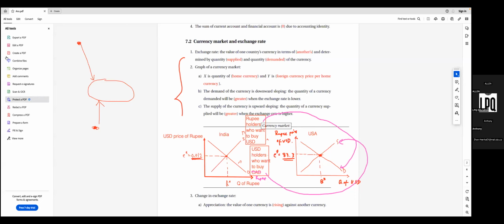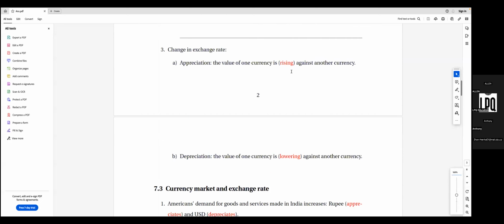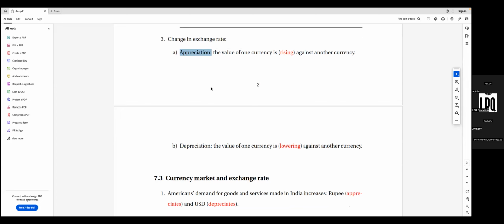But in the foreign exchange market, we use two specific terms: appreciation and depreciation. If the value of your home currency is rising against a foreign currency, this phenomenon is called appreciation. Professionally, we don't say the price of your currency is increasing; we say your currency is appreciating.